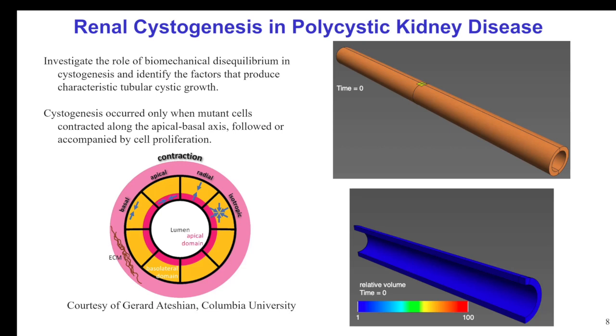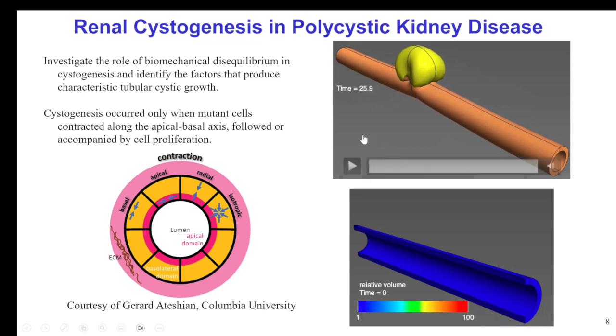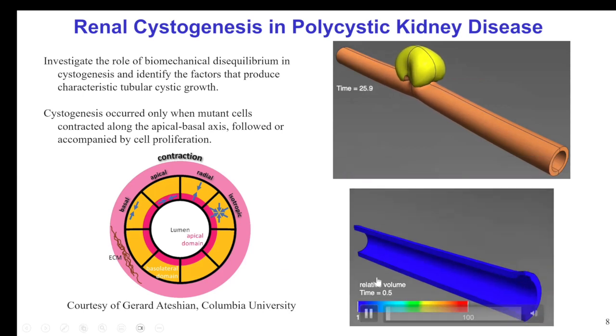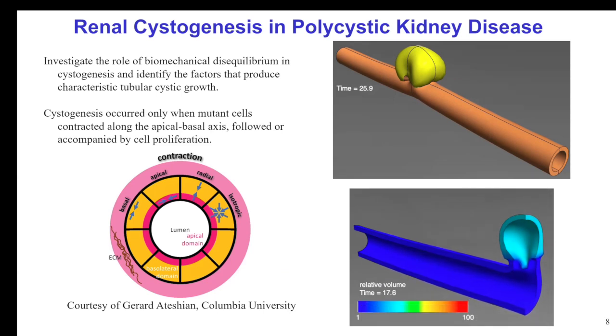And so using kind of a systematic approach to investigate a number of different possible mechanical stimuli, they went through and tried them all, figured out which ones would actually produce the type of cyst growth that's observed in this disease. And so this is an example of successful formation. And this shows a quarter symmetry model that illustrates the relative volume change during the growth of the cyst. So there's various ways to model growth in FEBio, and one of the ways is illustrated here.